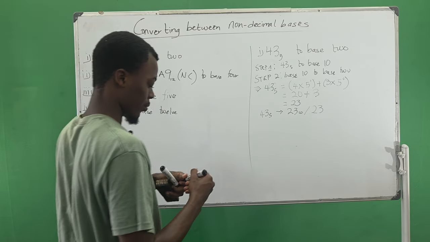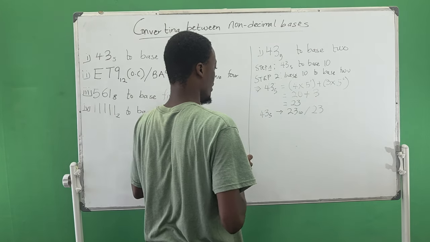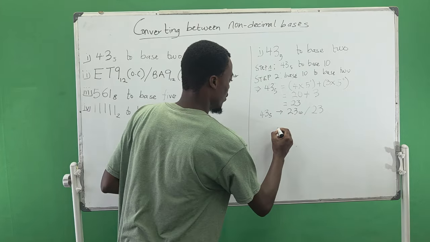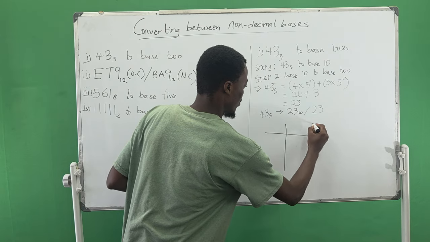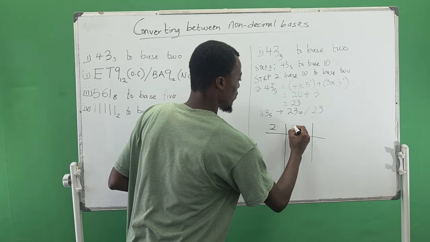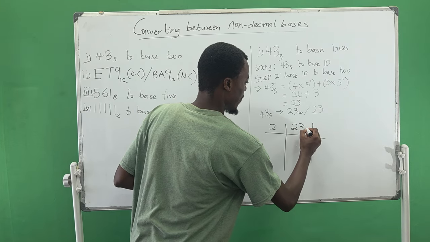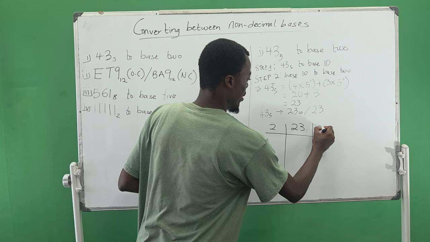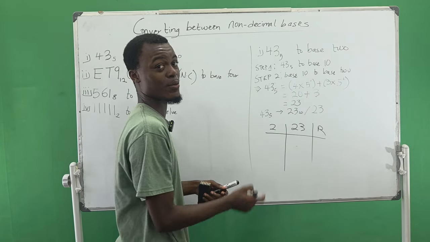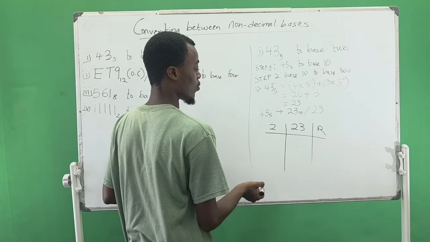Our table: 2 into 23. Reminder, you don't have to bring the 10 again because, as I said, that's the normal state.